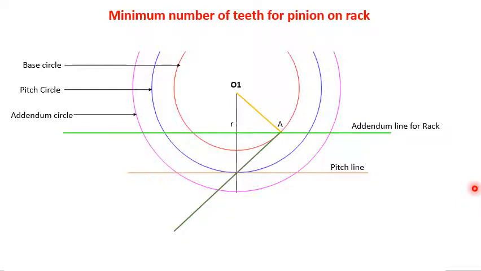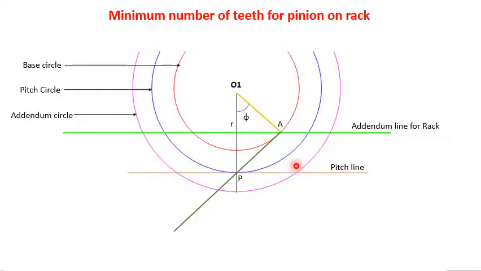Now from the center of the circle to the starting point of the tangent line, draw a line. This line makes an angle with the radial line, which I call phi.